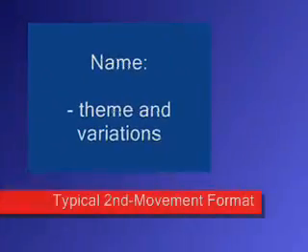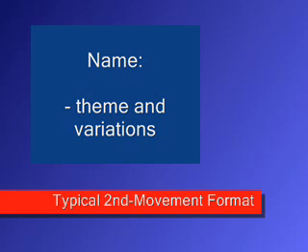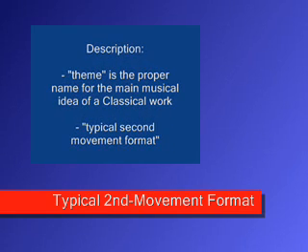The next movement format is called theme and variations. Now please remember that theme is the proper name for the main musical idea of a classical instrumental work, just as subject is the proper name for the main musical idea of a fugue, or ritornello is the proper name for the main musical idea of a ritornello principal concerto movement.